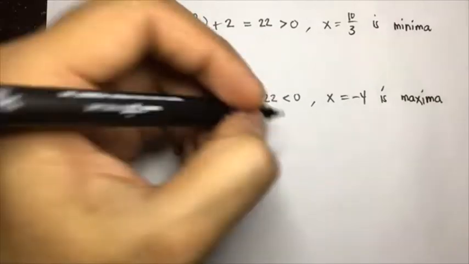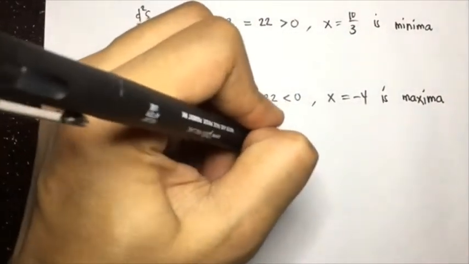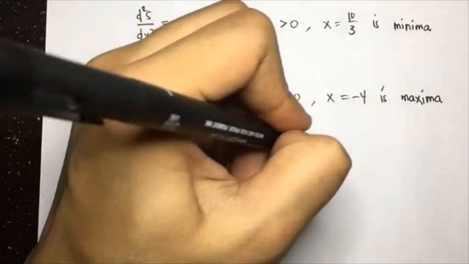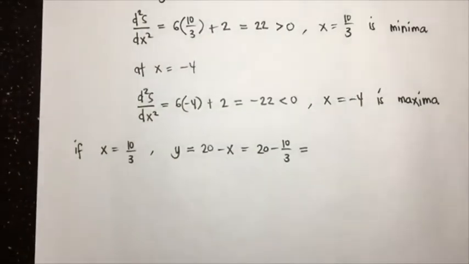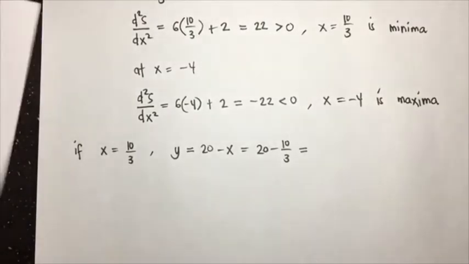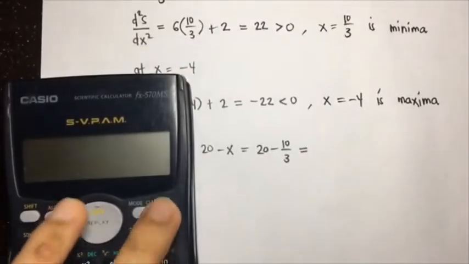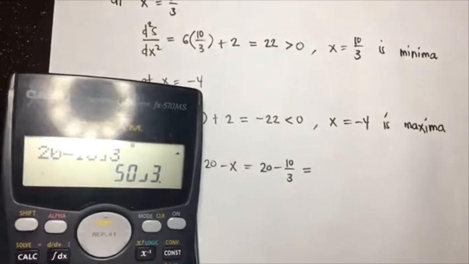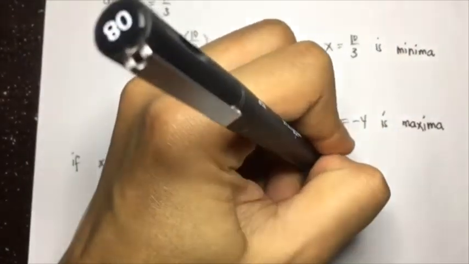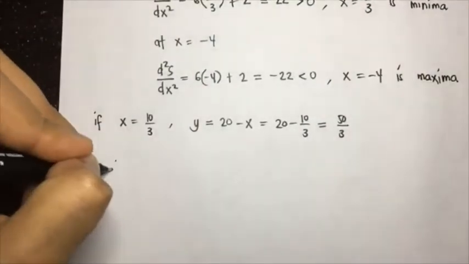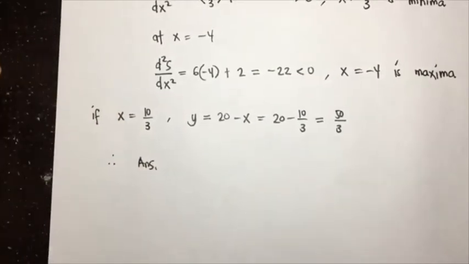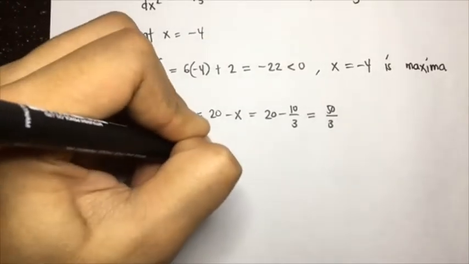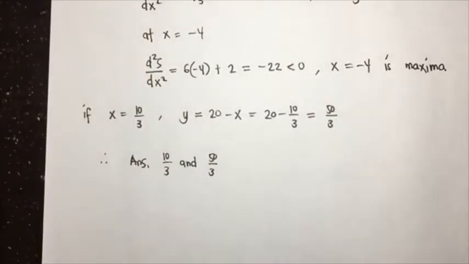So we have 20 minus 10 over 3, that is 50 over 3. Therefore our answer is 10 over 3 and 50 over 3.